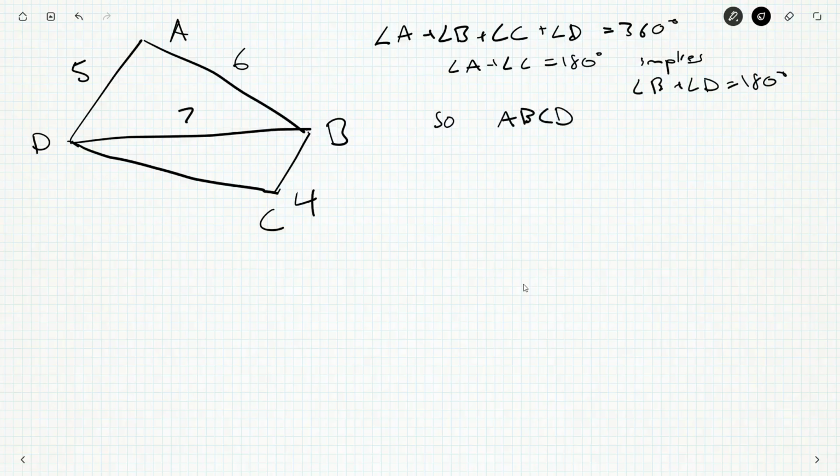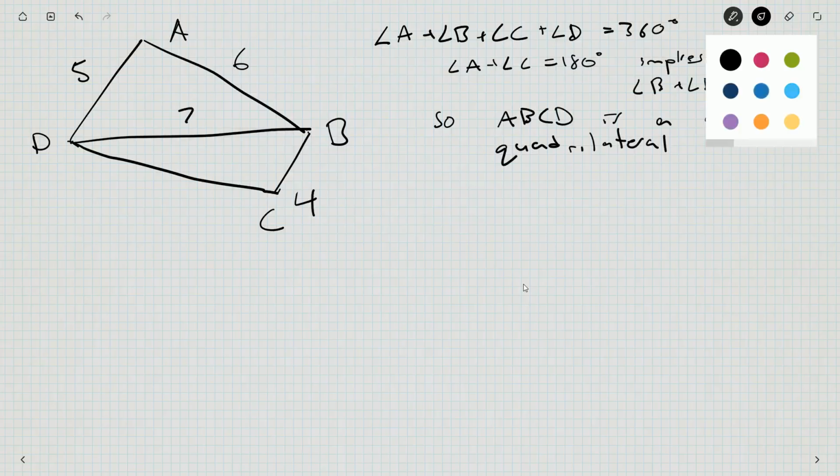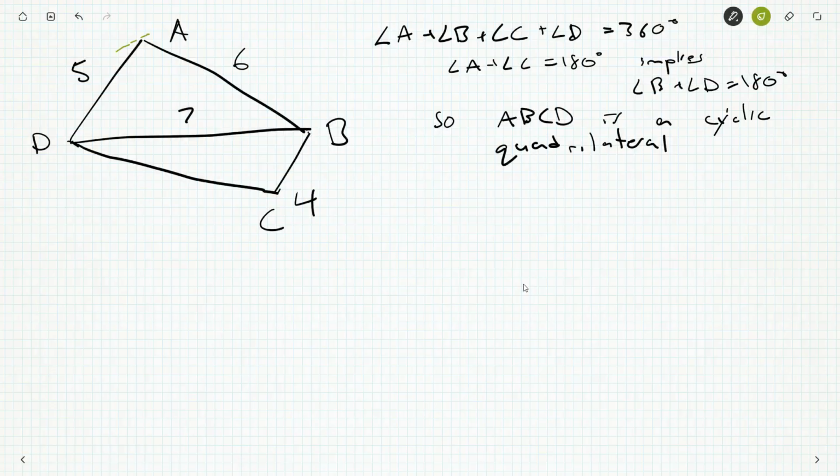So ABCD is a cyclic quadrilateral. Quad for 4, lateral for line. 4 lines. Okay. So I will add in this circle. As best I can. But I don't quite know what I want to do with this, if I even need this circle at all.